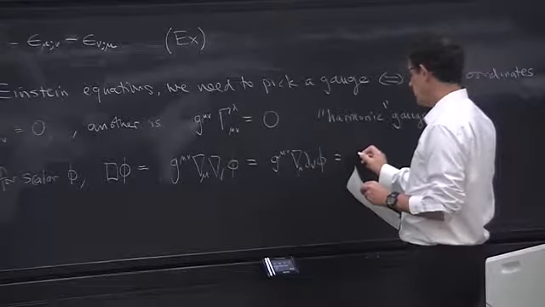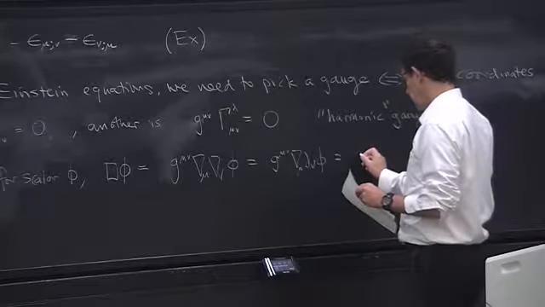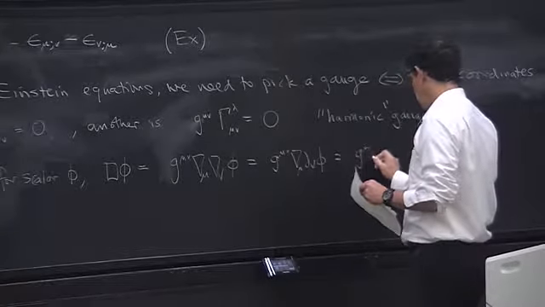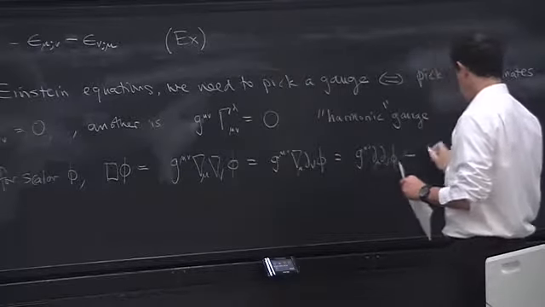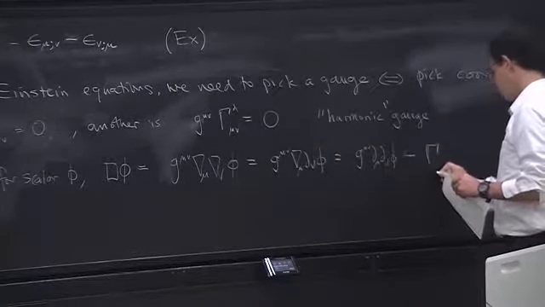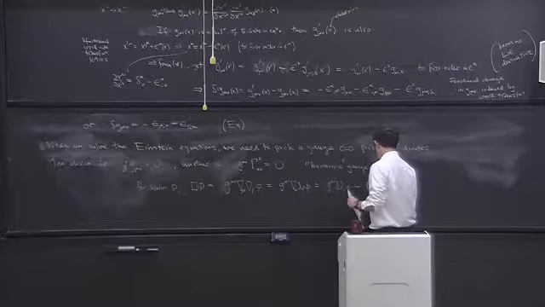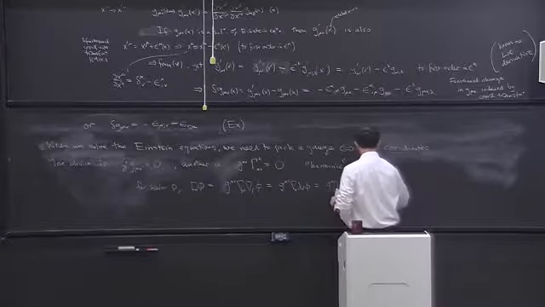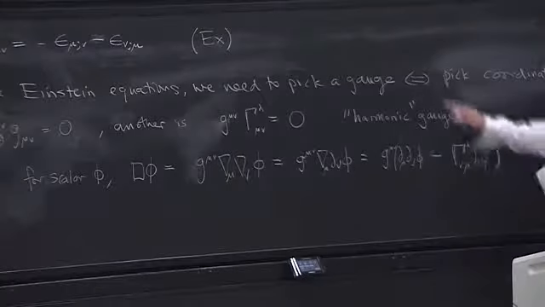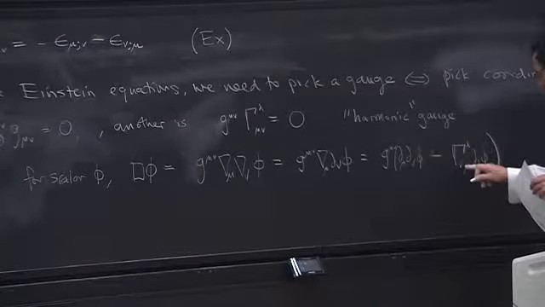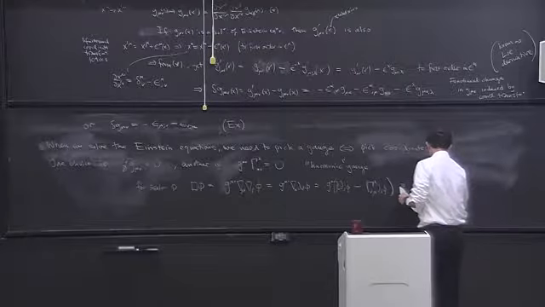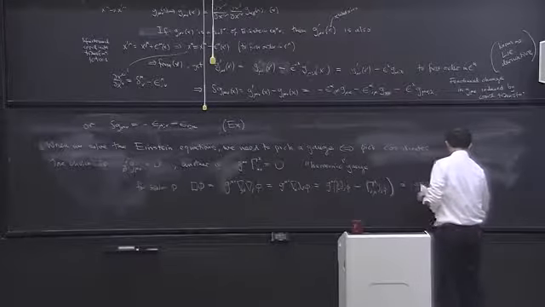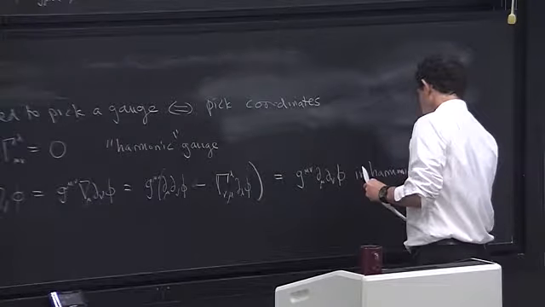And so this is equal to g mu nu d mu d nu phi, and then minus gamma mu nu lambda d lambda phi, also contracted with the g mu nu. And then, of course, in this gauge, this second term vanishes because it's g mu nu gamma. So actually, this is equal to g mu nu d mu d nu phi in harmonic gauge.